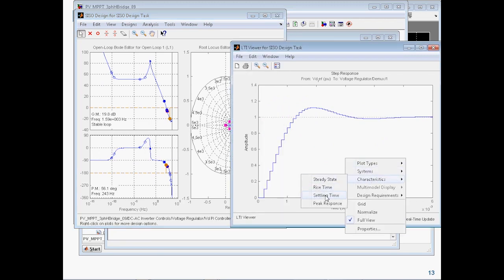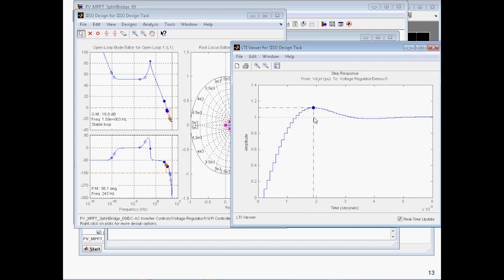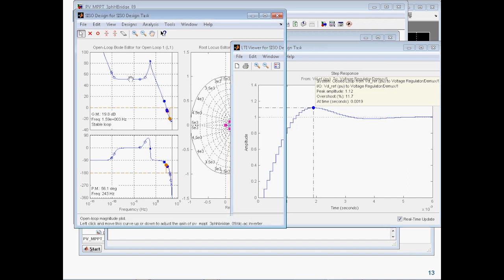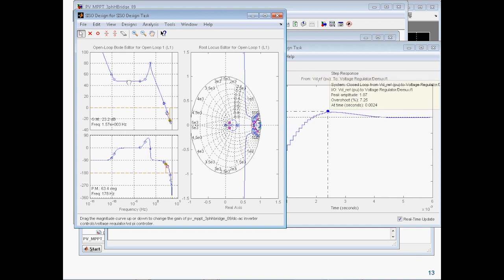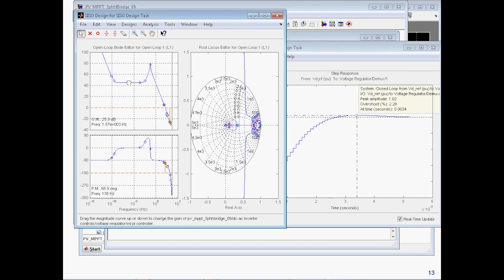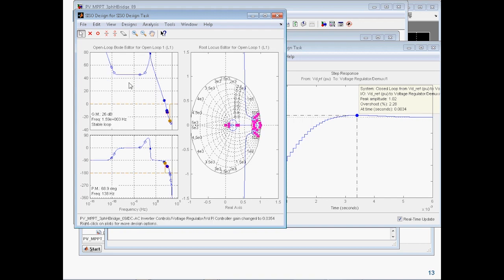I can look at peak response, for example, if that's what I wanted to look at. It's going to give me all the information I need, and as I move this up and down, I'm going to see that value change. I have 10% now. Maybe I have a requirement that says I can accept a maximum of 3% overshoot. Right now I'm at 3% overshoot, so that seems safe enough.